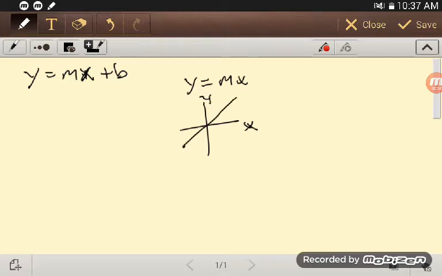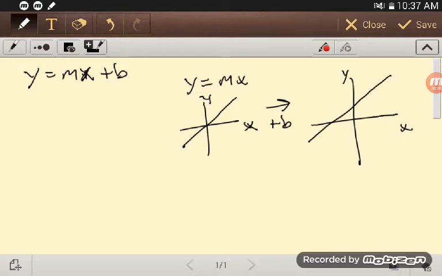And then we add b to it, and again if b is positive it raises that thing up, and so there's y equals mx plus b, and it goes through the b like that.